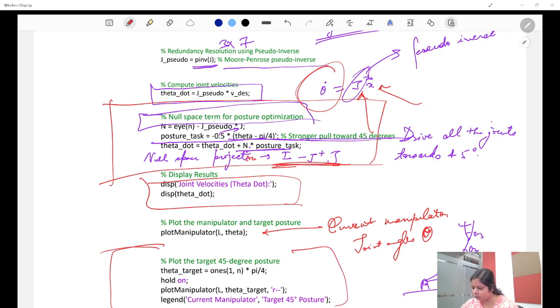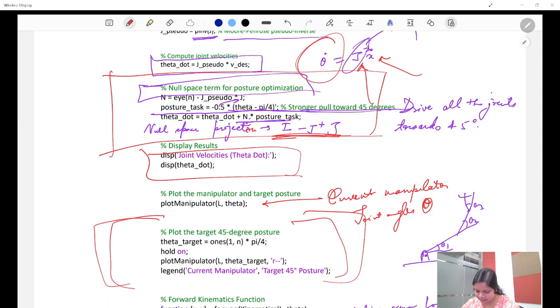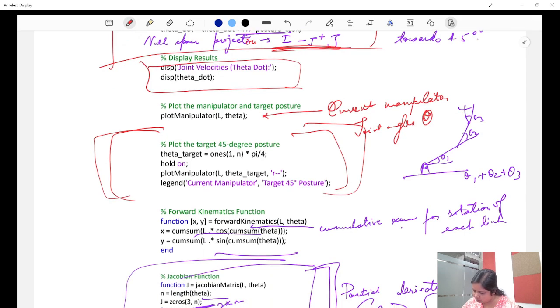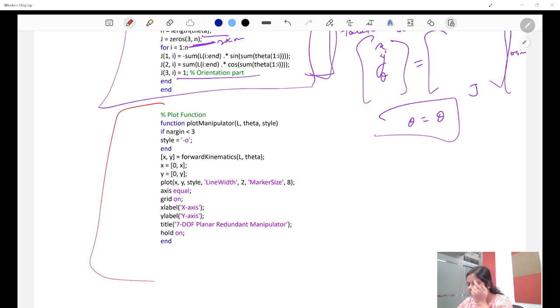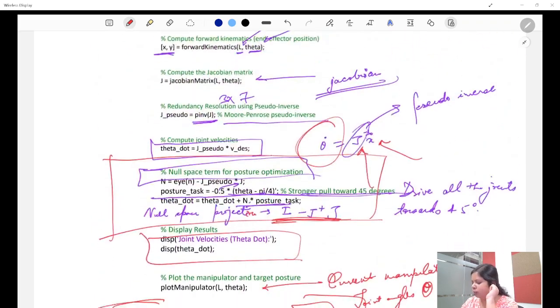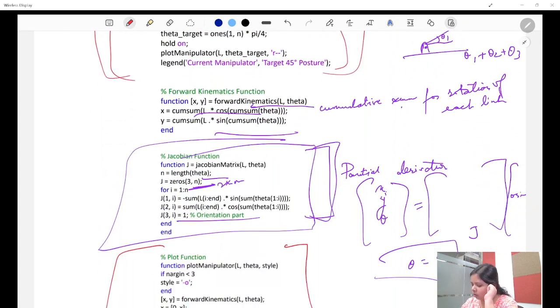The plot for it is also given here. And once all of this is done, we go to the plot function, which basically plots the 7-link planar redundant manipulator and includes both of the plots that we want to do here.